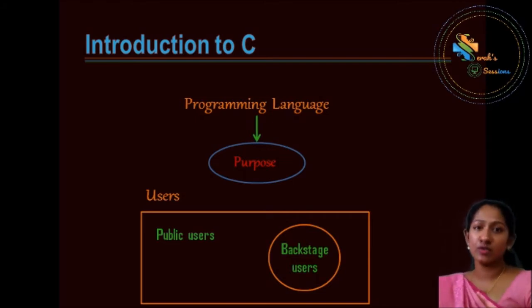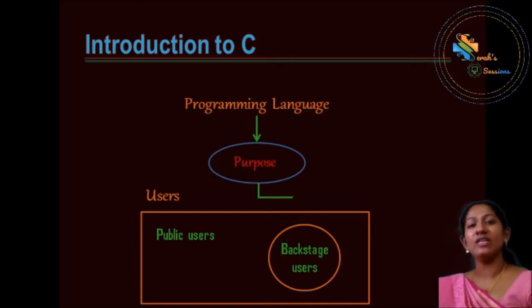Whereas backstage users are those users who develop these softwares so that these softwares can be made available to all the public users. Okay, so I just mentioned that backstage users are a bit different from public users. I mean, backstage users are software developers.